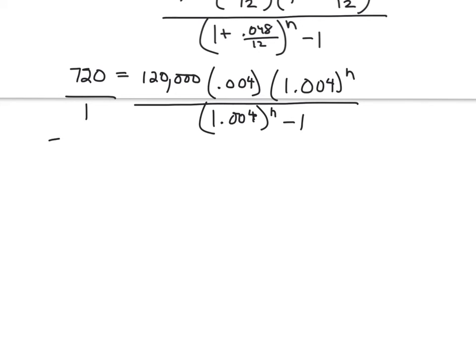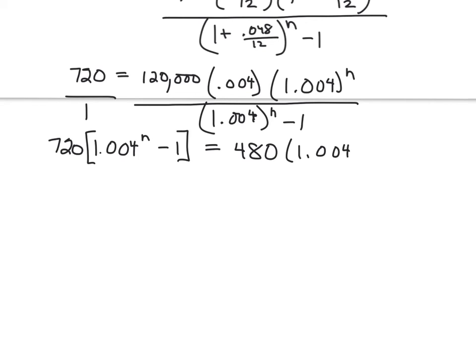So I'm going to take my 720 and multiply, putting a big bracket here, by 1.004 to the n and also by minus 1. So it looks like this. On the right side, 120,000 times 0.004 actually gives me 480. So I'm multiplying that also by 1.004 to the nth power.